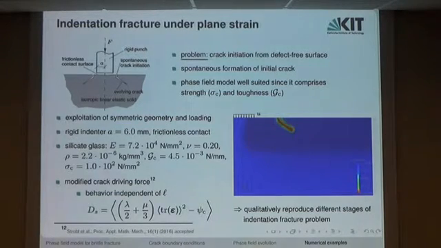The phase field method seems to be well suited since it takes the strength and the toughness into account, and in addition the method does not require any assumptions concerning the unknown location of the crack paths.